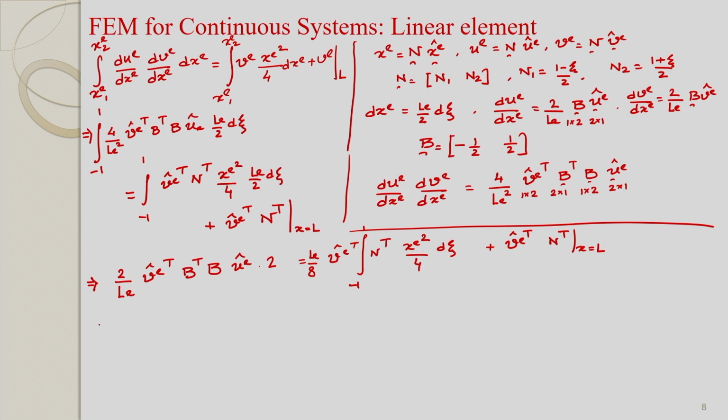Now, this B transpose B gives us, this 4 will not be there. I have taken this 4 to 2 by LE by 8.